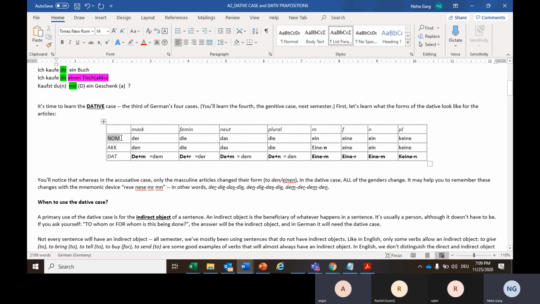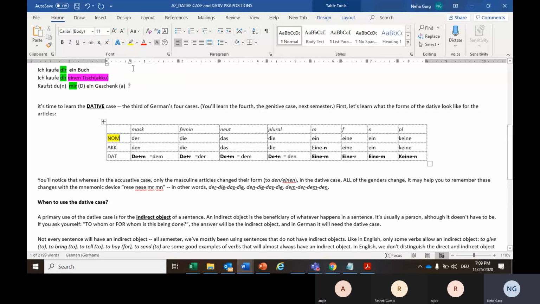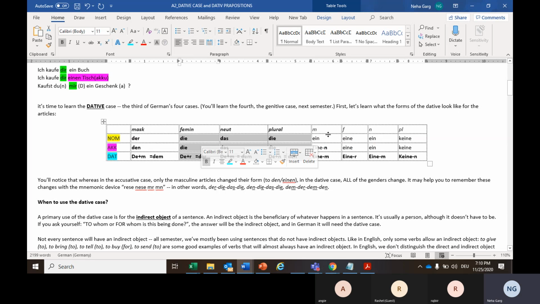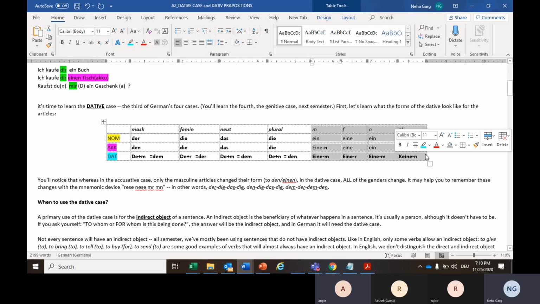This first yellow highlighted table is for nominative, the pink highlighted is for accusative, and the blue highlighted is for dative. This is masculine, feminine, and neutral. This is a definite article table, and this is an indefinite article table.